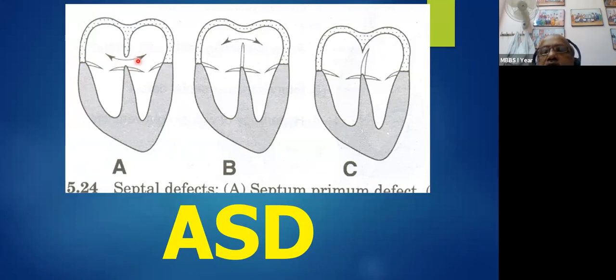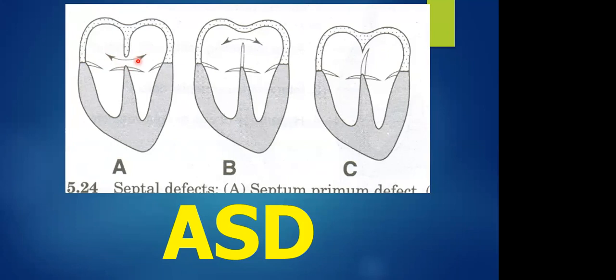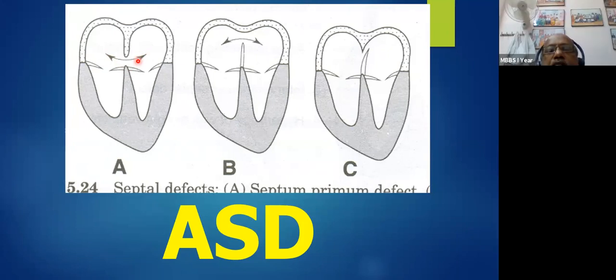Yes, next one. B is ostium secundum type of interatrial defect. Here the septum primum has fused with the septum intermedium, so the ostium primum is closed, but the ostium secundum is not closed. That is due to failure of formation of the septum secundum.